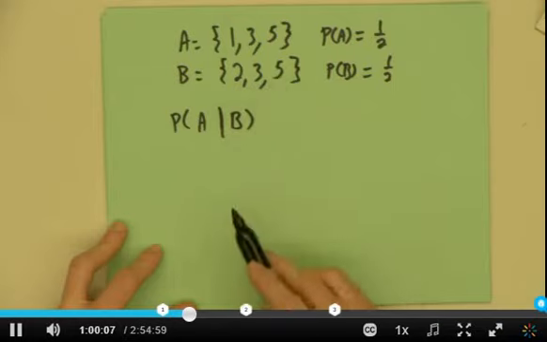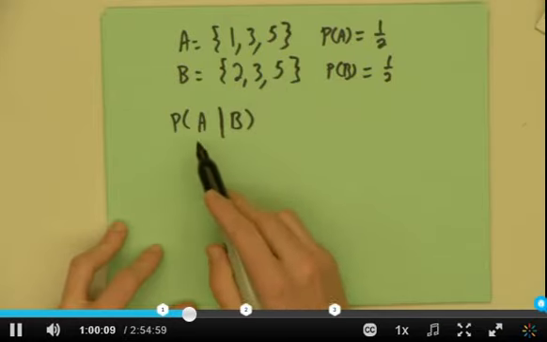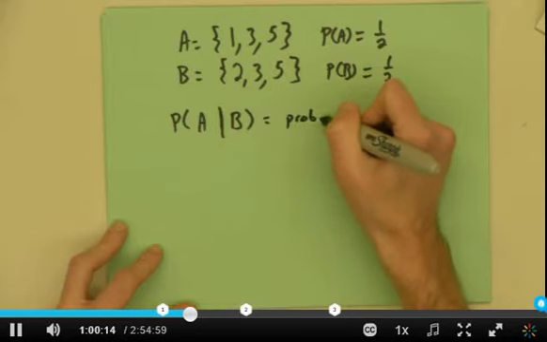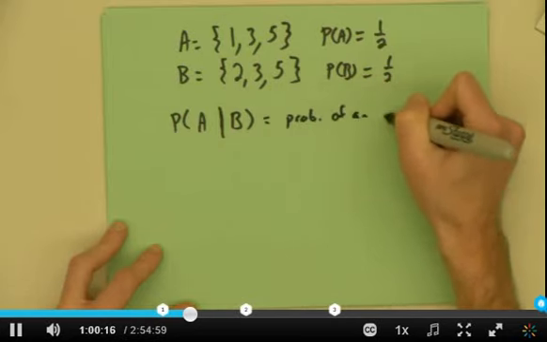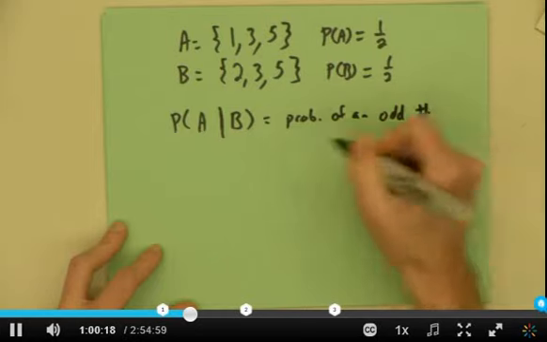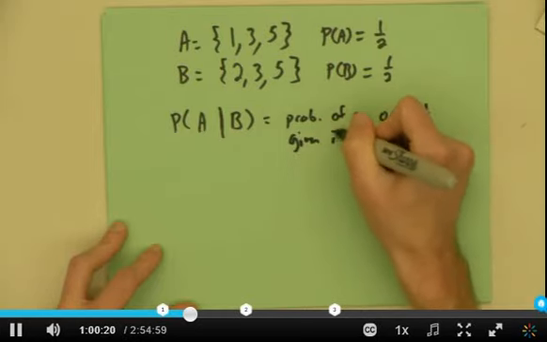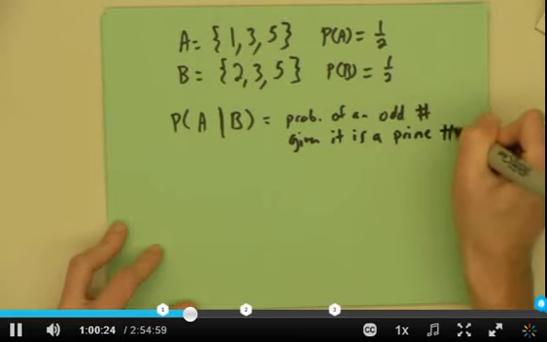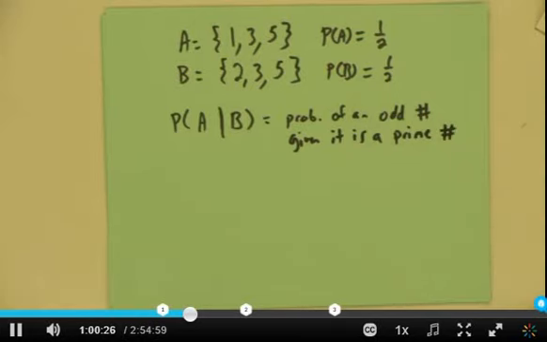So I know it's a prime number. What's the probability it's also an odd number? I'll write this in words. I want to find the probability that I have an odd number given that it's a prime number.